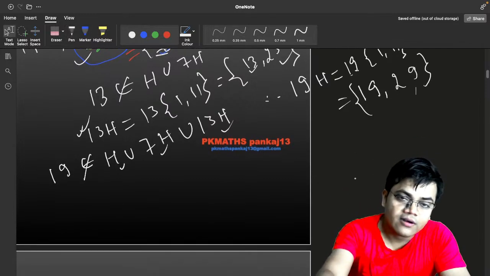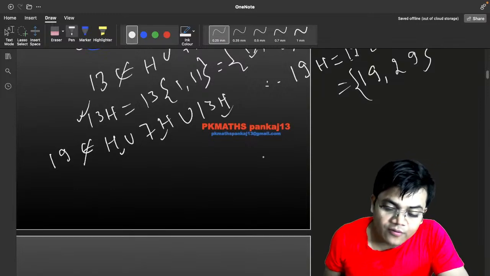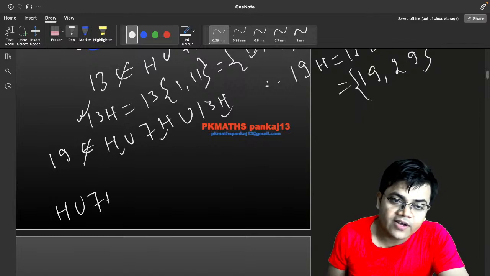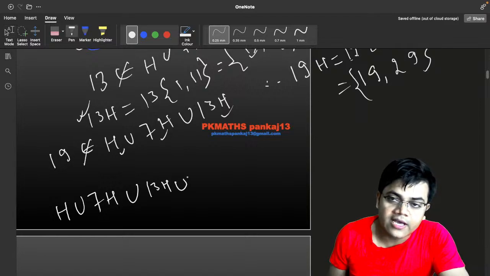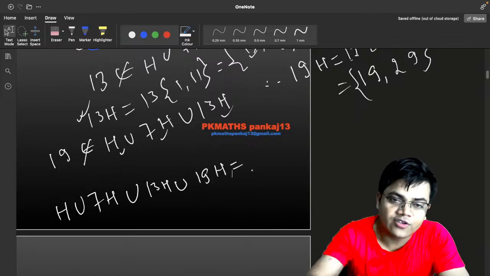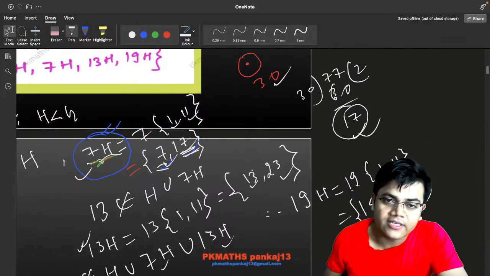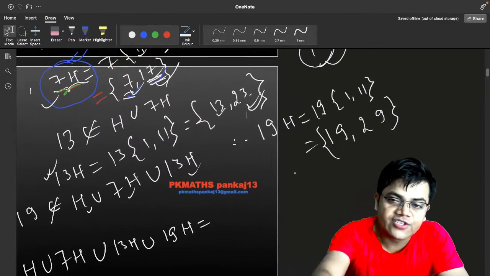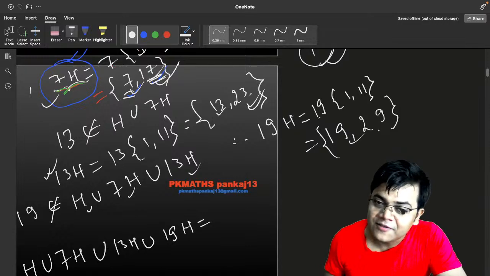So what can you see here? We can easily see that when we take the elements from H, with 7H, 13H, and 19H, and finally take the union of all these, H is 1, 11, 7H is 7, 17, 13H is 13, 23, and 19H is 19, 29.